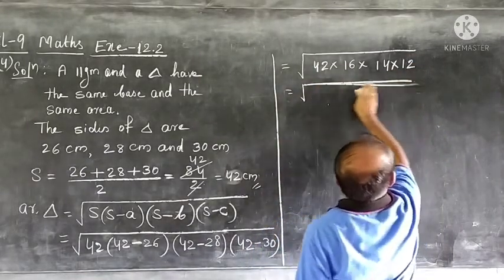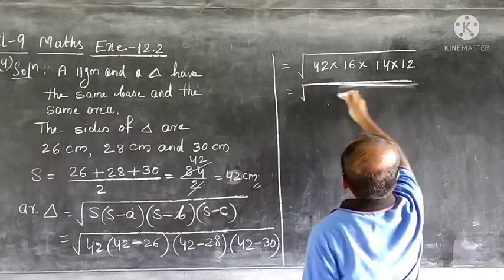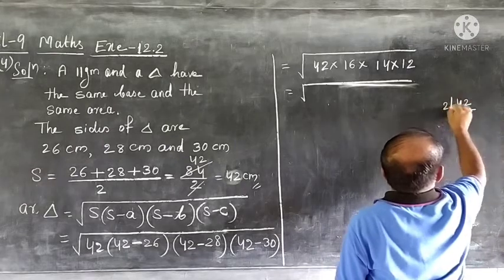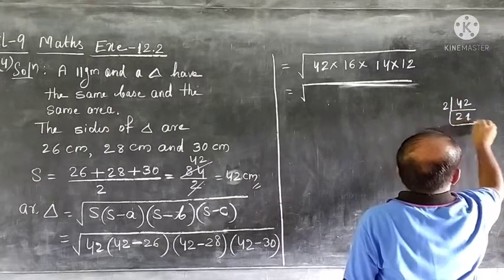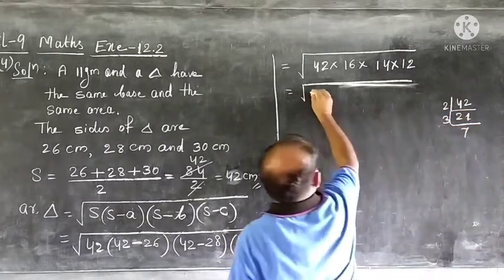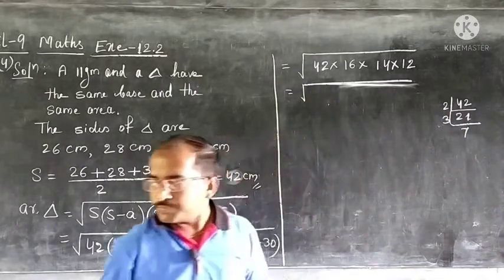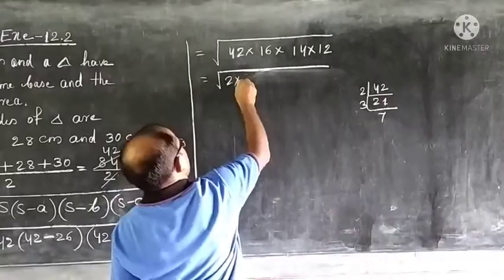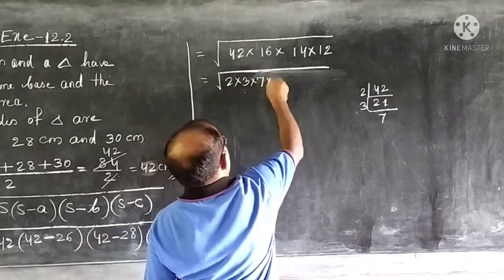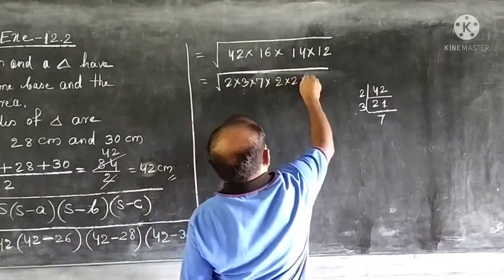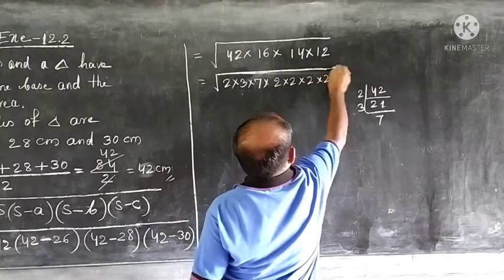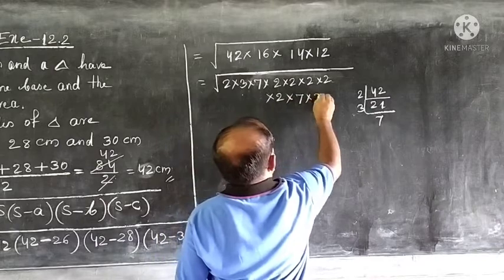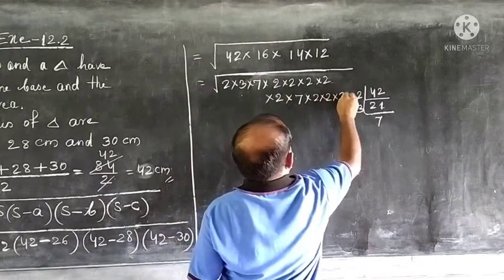42 we can factorize, orally you can factorize or you can go for rough work. 42 is 2 into 21, which is 3 into 7. So 3 into 7, 16 we can do orally: 2 2s are 4, 2 4s are 8, 2 8s are 16. 14 is 2 into 7, and 12 is 2 2s are 4, 3 4s are 12.